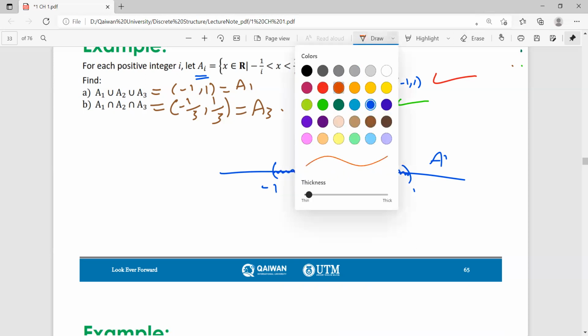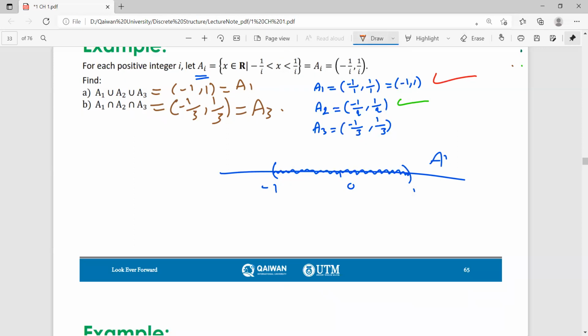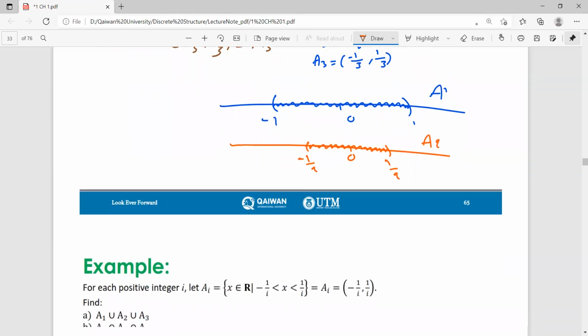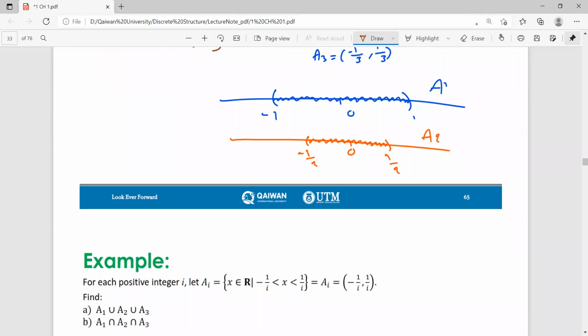And for A2, it is from -1/2 to 1/2. This interval is A2. This is -1/2, this is 0, this is 1/2.